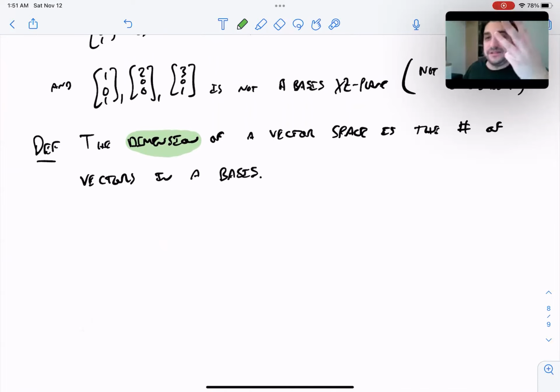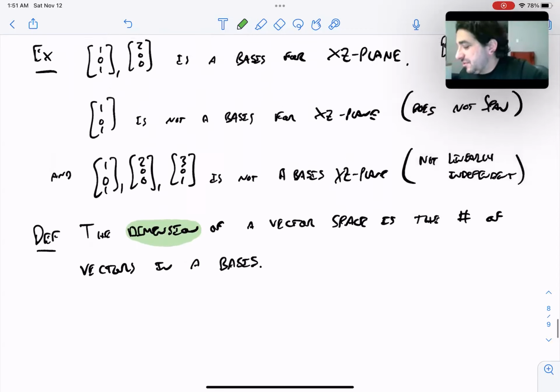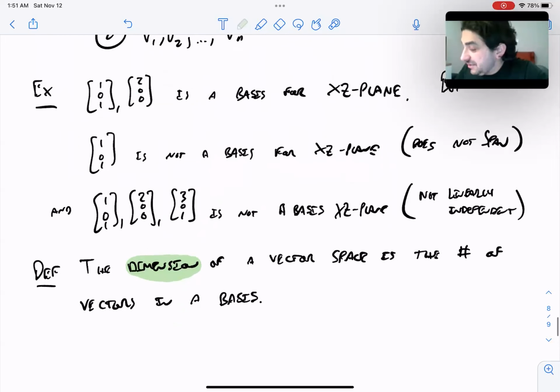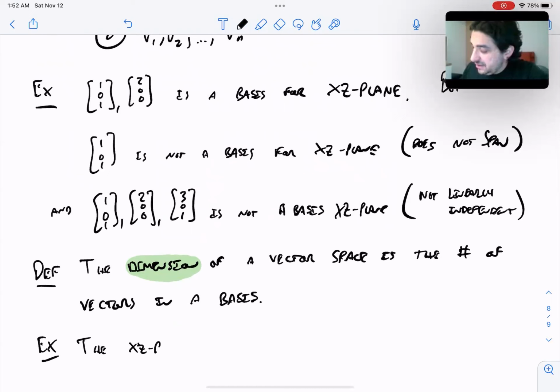R3 is a three-dimensional vector space because you'd have i, j, k. You'd have three vectors in a basis for R3. R2 is a two-dimensional vector space because you only need i and j to generate it, right? Or like say here, our example that we were playing with, the xz plane is a vector space of dimension 2.